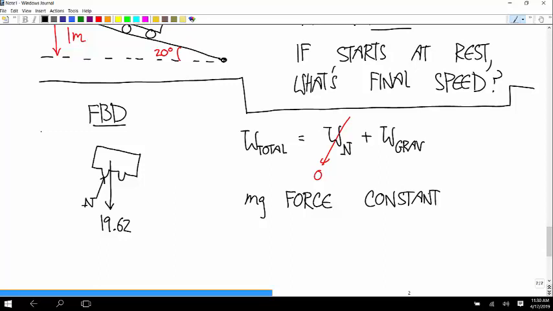And when you have a constant force, you can just calculate the work as the dot product of the force and the displacement vector. Remember that? So the work done by gravity is equal to the weight force, 0, negative 19.62, dotted with the displacement vector. Well, we could figure out what the horizontal distance is.